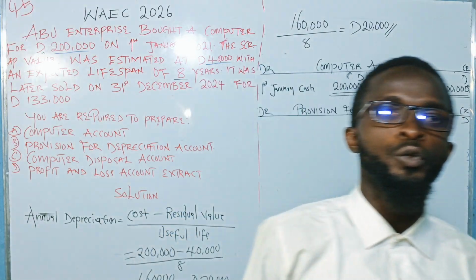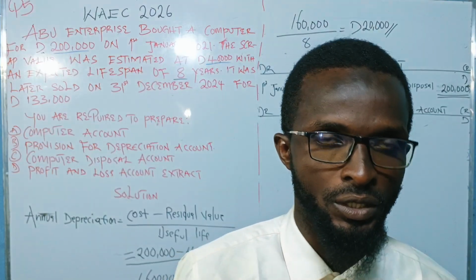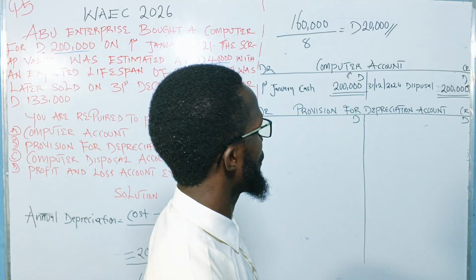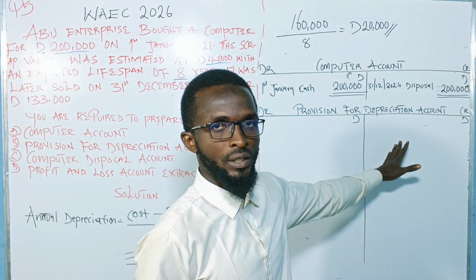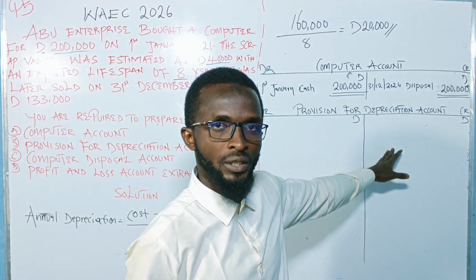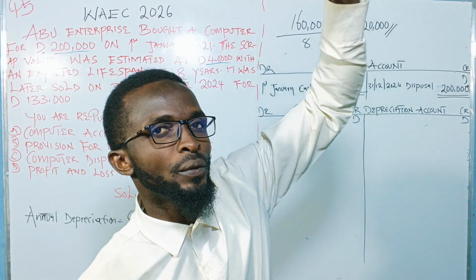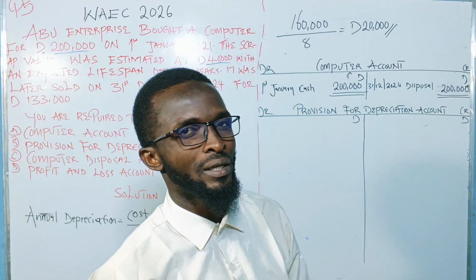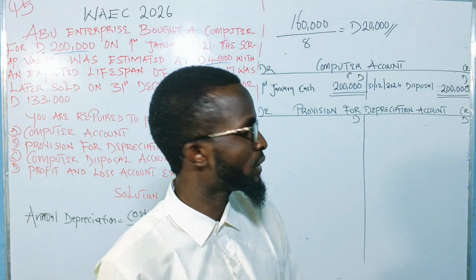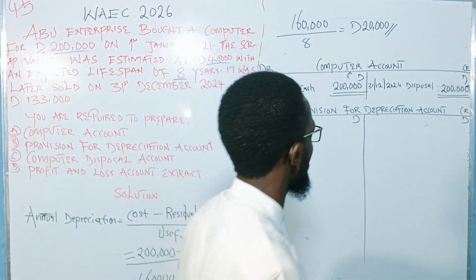Here you are to show the annual depreciation you've charged yearly. So let's start. We are going to credit the annual depreciation to the provision for depreciation account, and the corresponding entry should go to the profit or loss account. Since the corresponding entry is going to the profit or loss account, the name that should appear here is profit or loss account.